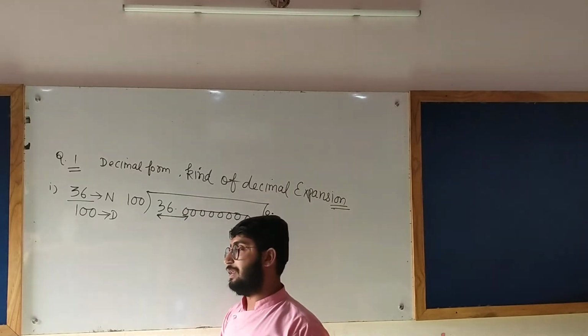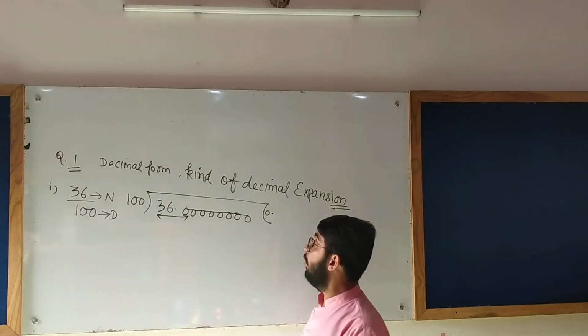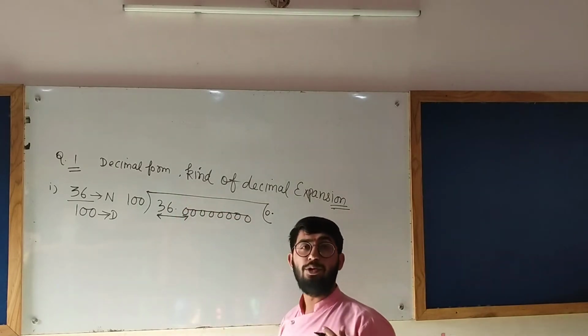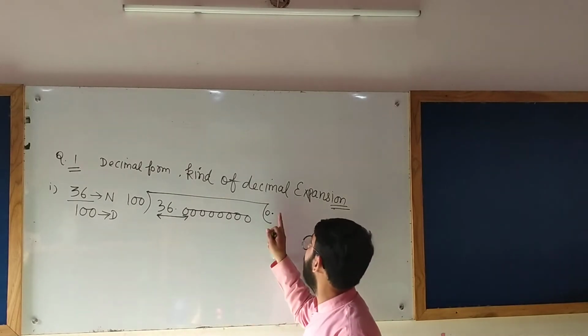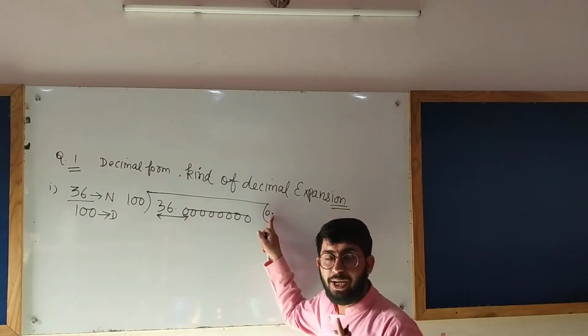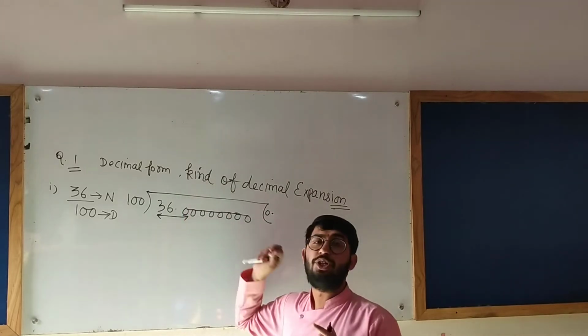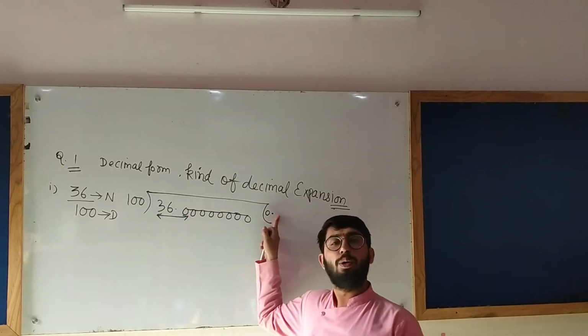You will ask me, sir, what if I use double 0 after the decimal? Then you will have to write a point for one 0 after the decimal, and for the other 0 you will have to write 0 in the quotient.